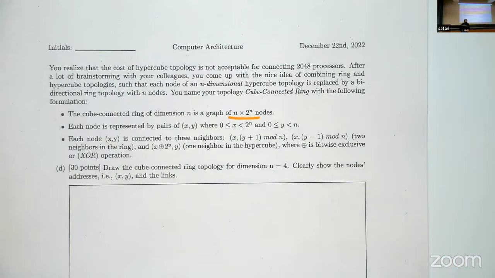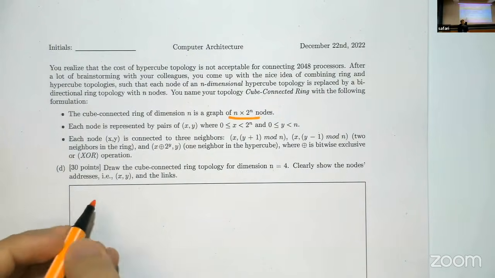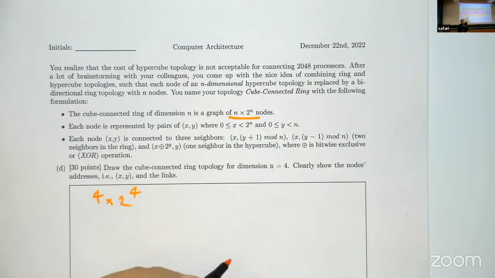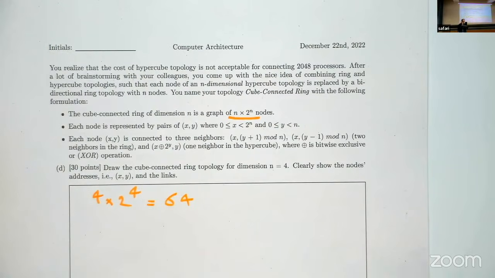In part D, we are asked to draw the cube-connected ring topology for dimension n equals 4, clearly showing the nodes, addresses (x, y), and the links. When n equals 4, our topology has 4 times 2 to the power 4 nodes, which equals 64.